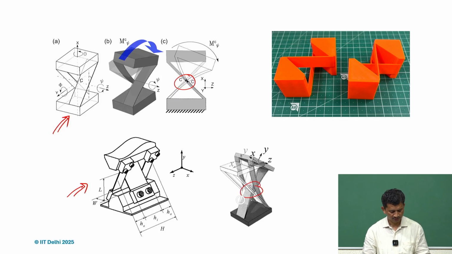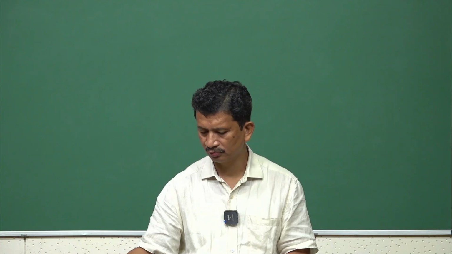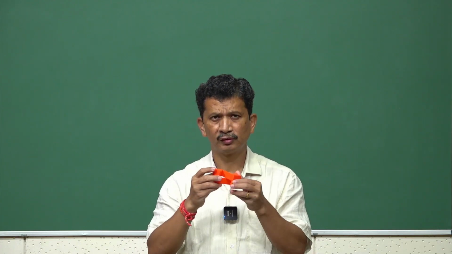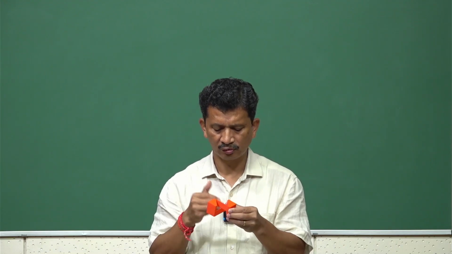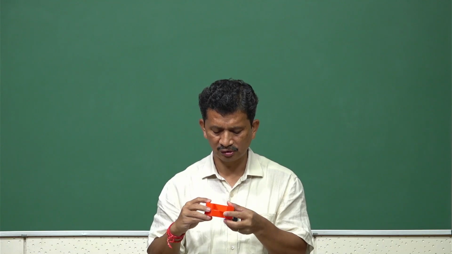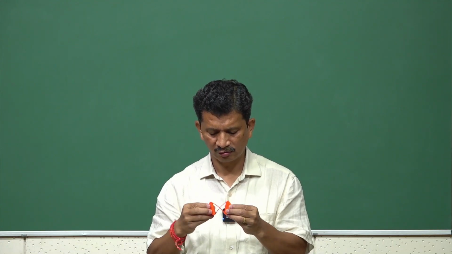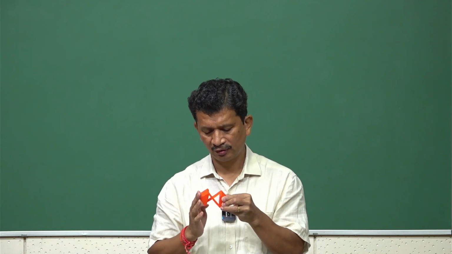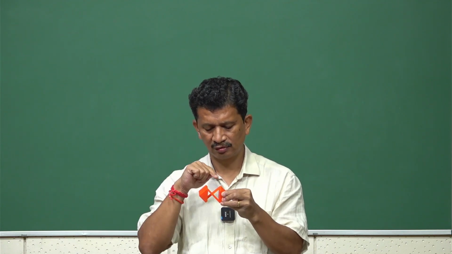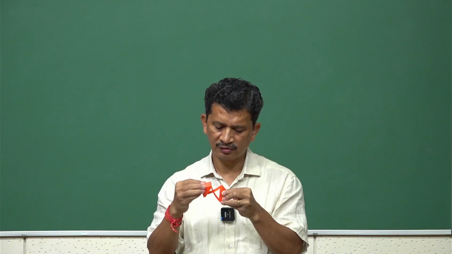These days it's very easy to create these models, and we can 3D print them and see for ourselves. This is the non-symmetric embodiment, overlapping on top of each other, and you can easily turn it. You can see that it looks like a hinge.